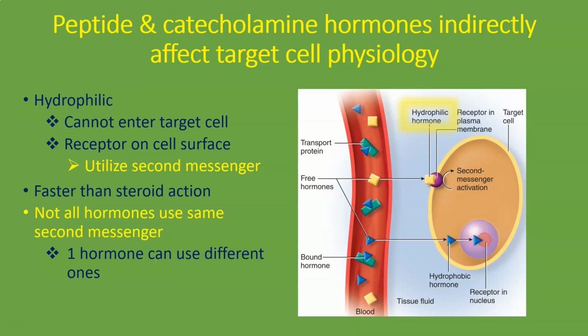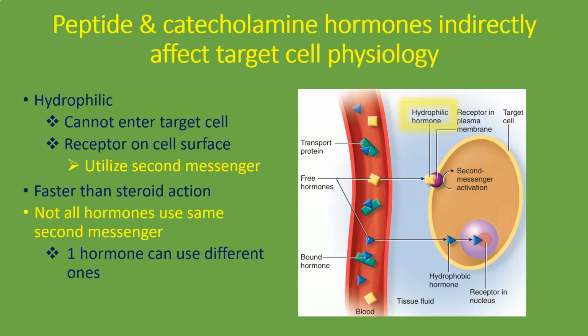I'll show you what's going on with the second messenger on the next slide, but you should know that these hormones are going to cause change faster than steroid action because you don't have to wait for transcription and translation to occur. An important thing to note is that not all hormones use the same second messenger, but also one hormone can utilize multiple second messengers.